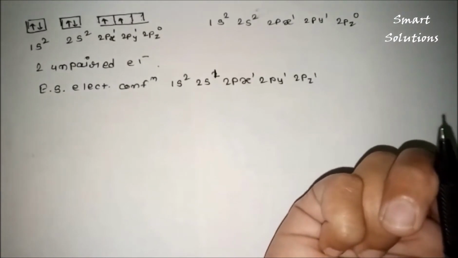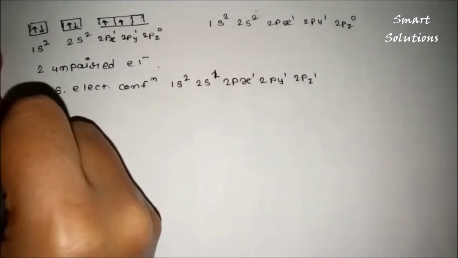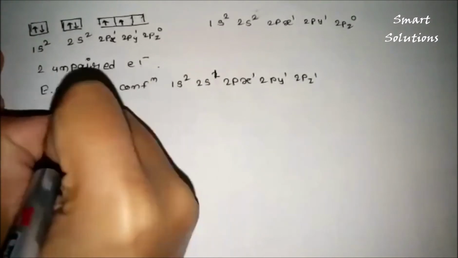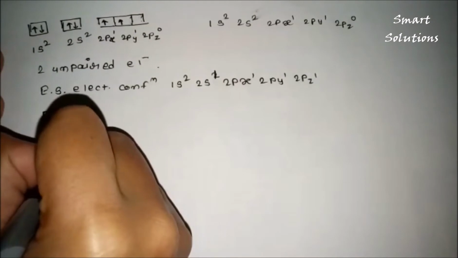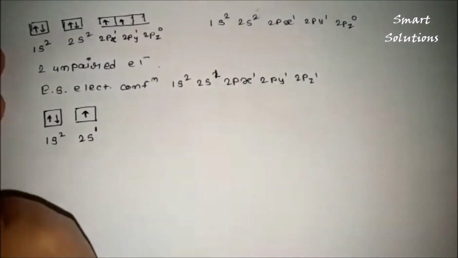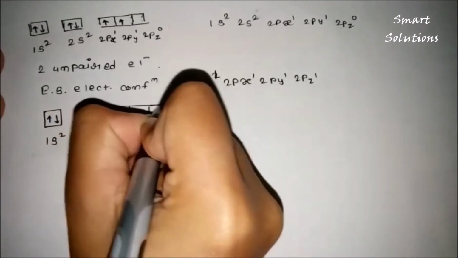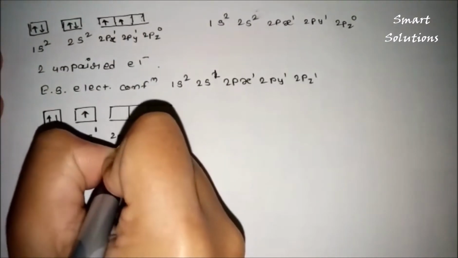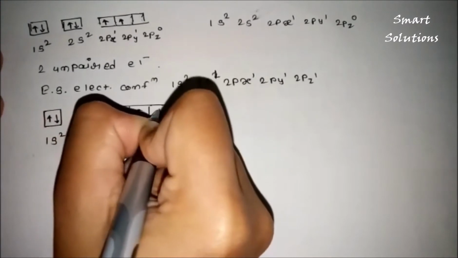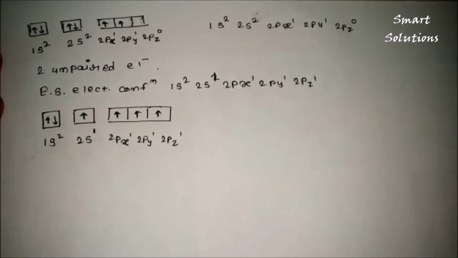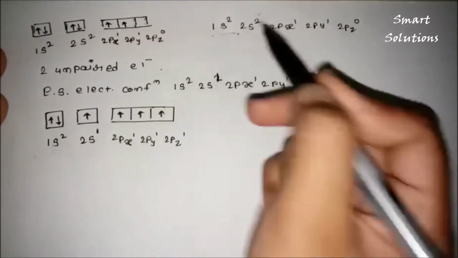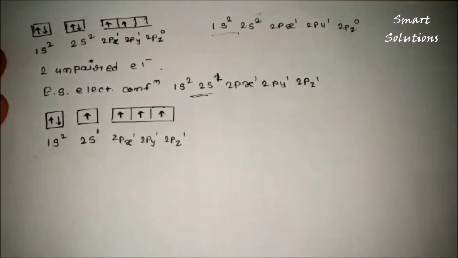This is the ground state electronic configuration of carbon, and this is the excited state electronic configuration of the carbon atom.